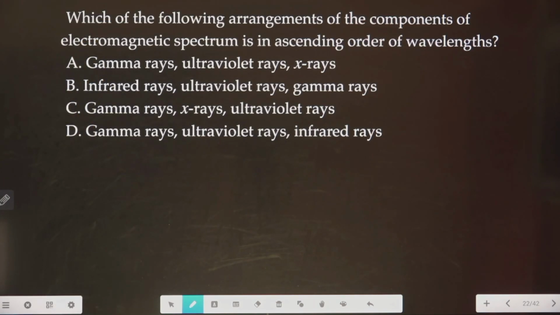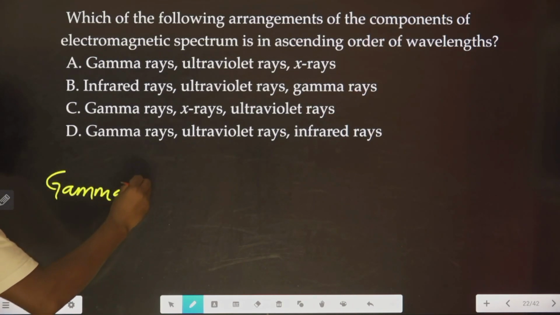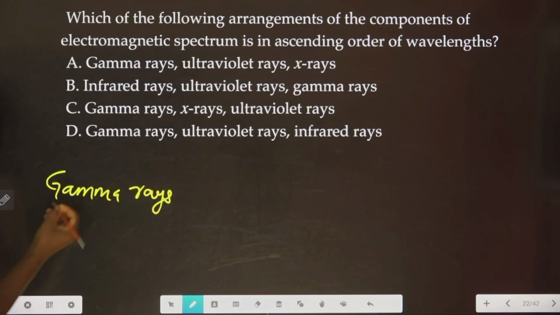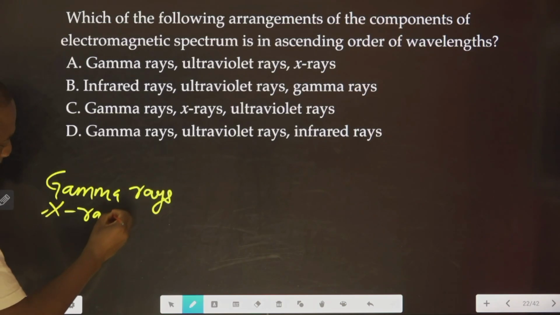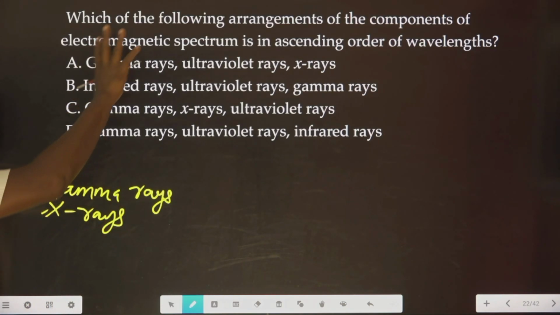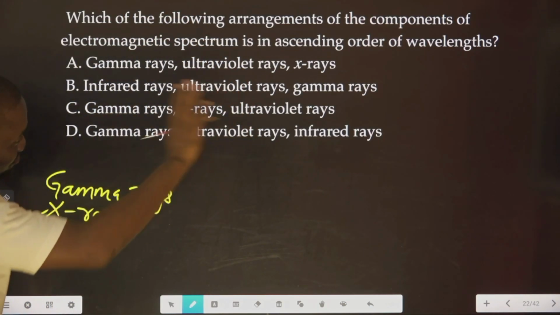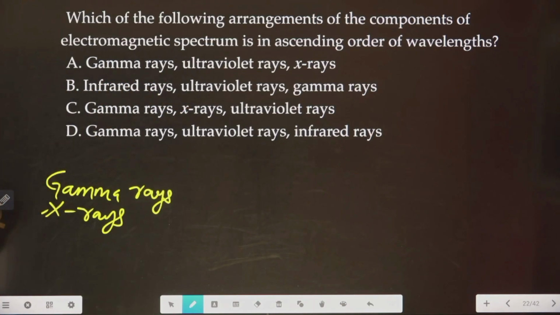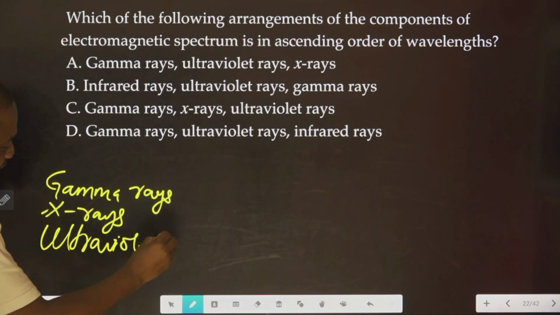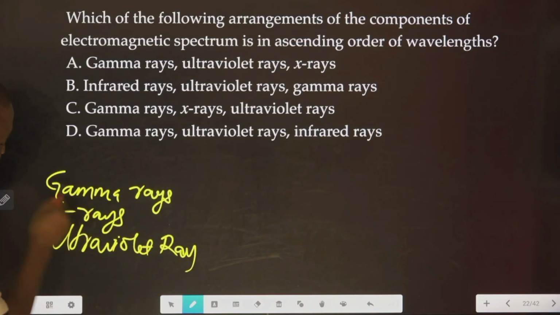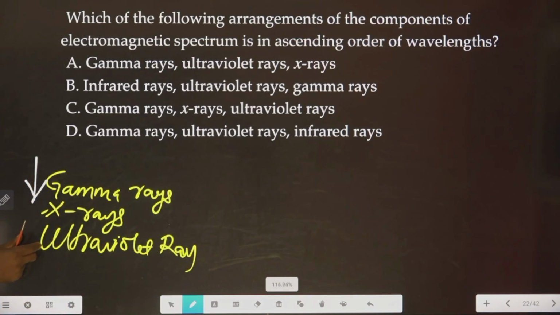In ascending order, from the shortest wavelength to the longest, we always have the gamma ray. X-ray follows. These are the things you should know because they might not give you exactly this. They might put some other ones, okay? We also have the ultraviolet ray.